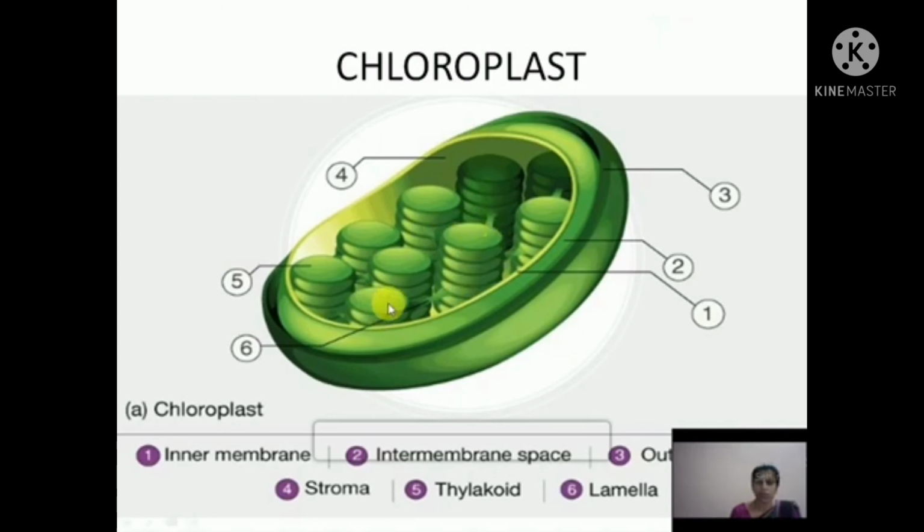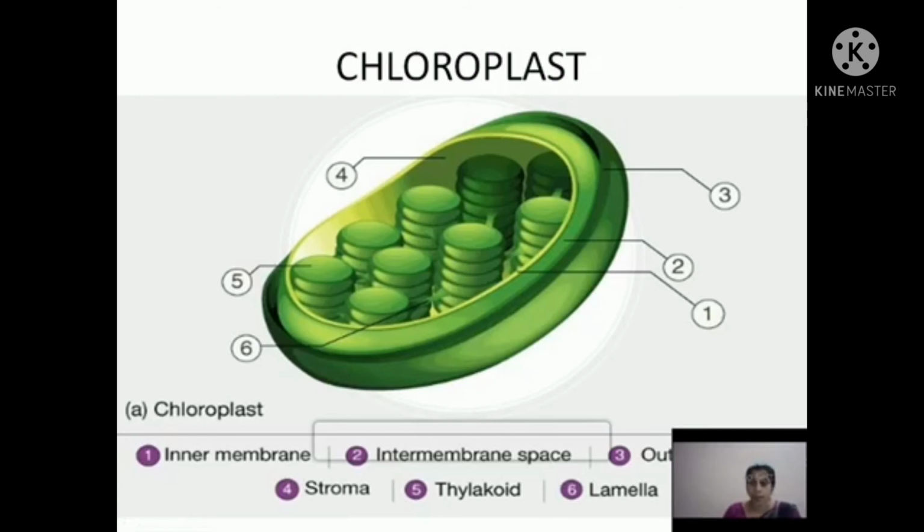So this chloroplast is the site of photosynthesis, for making food, synthesizing food. And this is also called the kitchen of the cell. Why? Because it synthesizes food.